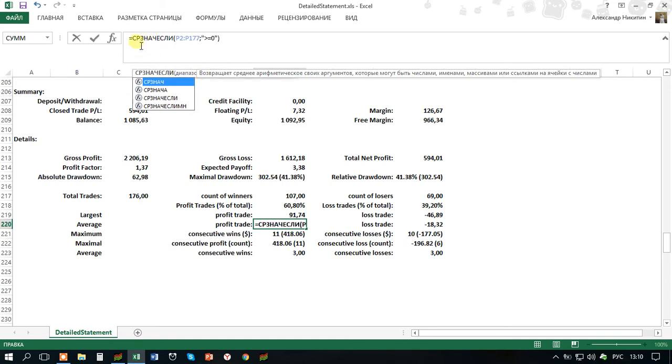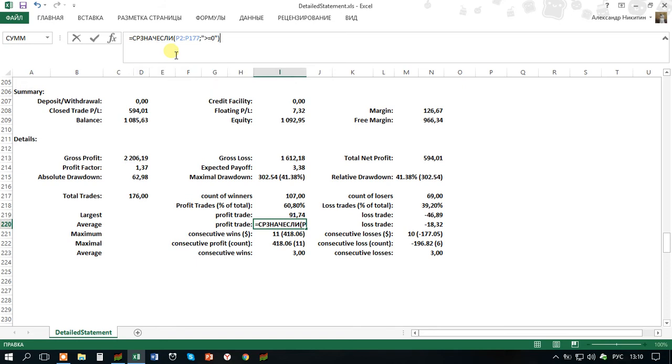So this formula means average if. It should be on your English version of Excel, it should look like average if. And within this range, more or equals to 0. Let's calculate it. So it is 46 pips is my average winner.